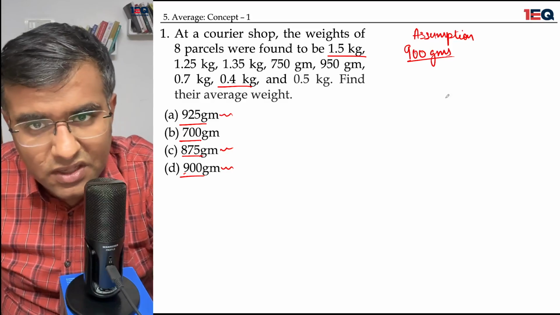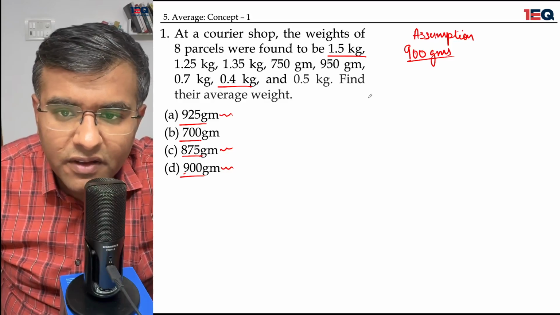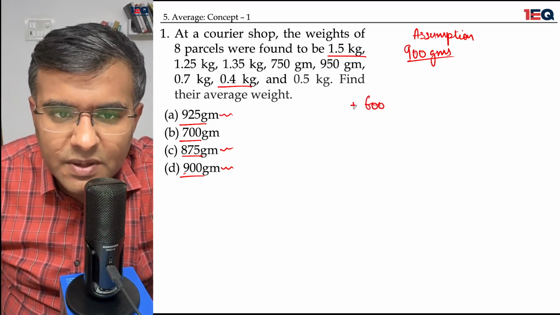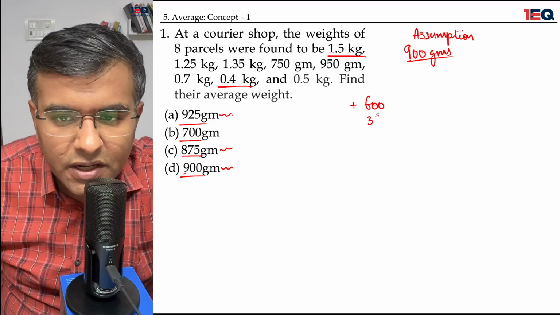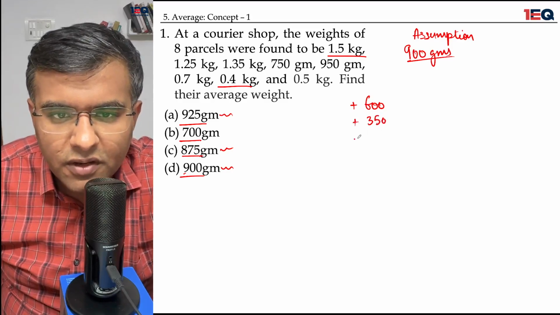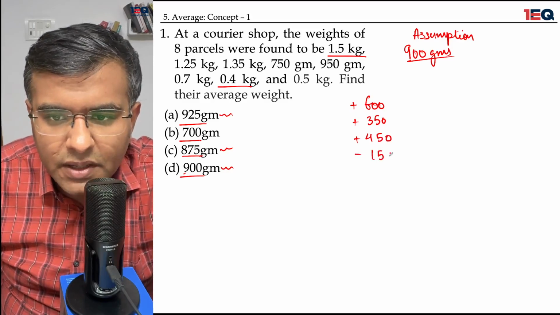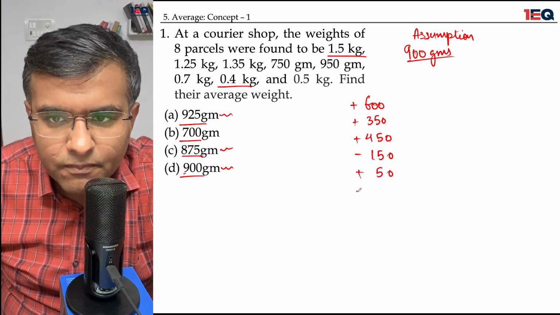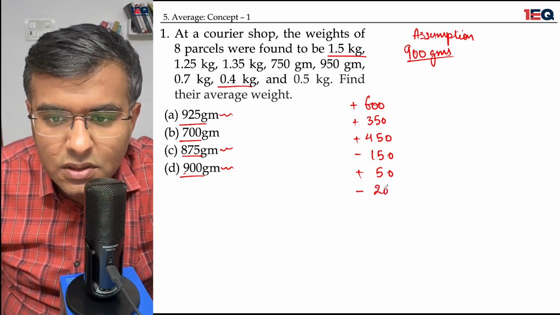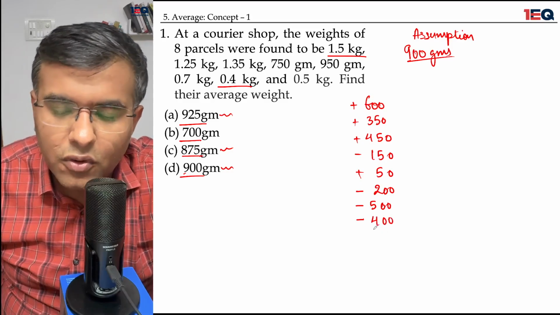I'll quickly use the deviation method which I talked about in the past. 900 grams against 1.5 kg makes it plus 600 grams, 1.25 makes it plus 350 grams, 1.35 makes it plus 450 grams, 750 grams makes it minus 150 grams, 950 grams makes it plus 50 grams, 0.7 makes it minus 200 grams, 0.4 makes it minus 500 grams, and 0.5 makes it minus 400 grams.